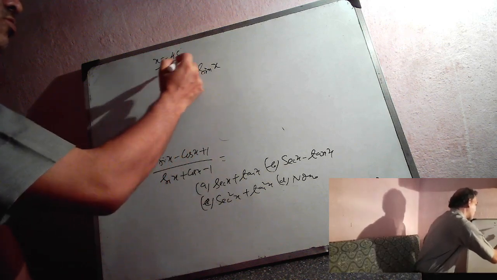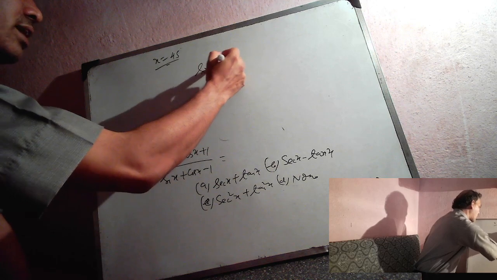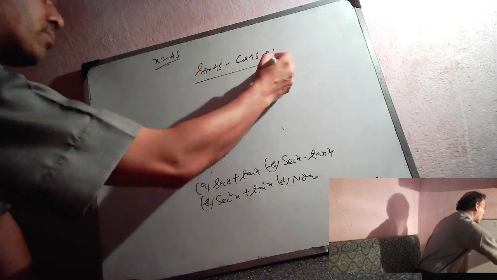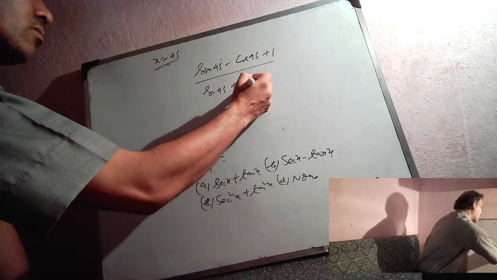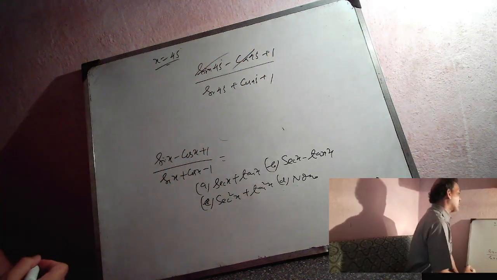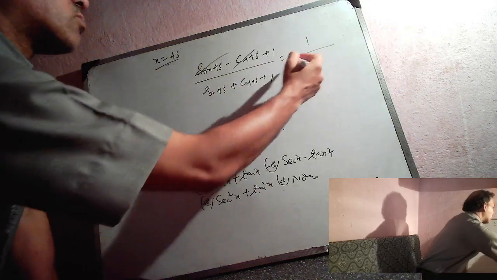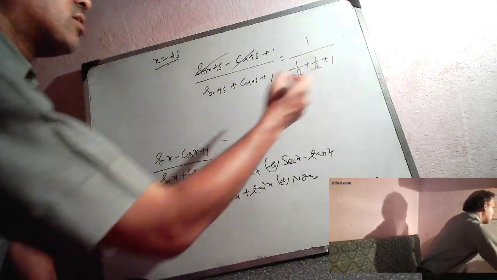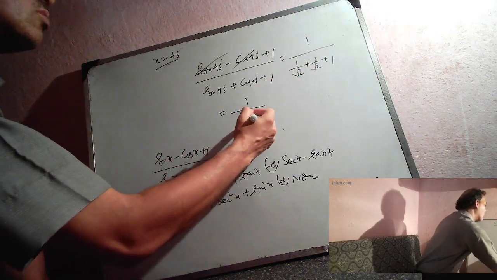Suppose x equals 45, then this takes the form (sin 45 − cos 45 + 1) upon (sin 45 + cos 45 − 1). Sin 45 and cos 45 are equal, so they cancel each other. This will be 1 upon (1 by root 2 + 1 by root 2) − 1, which equals 1 upon (2 by root 2 − 1), meaning 1 upon (root 2 − 1), which is root 2 + 1.